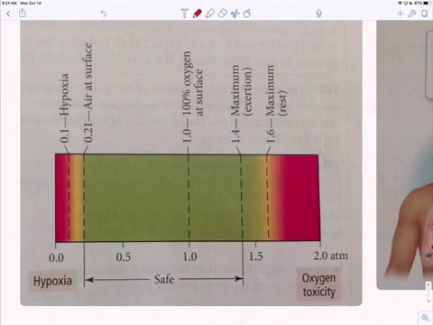So it's the old moderation argument. Too much of a good thing will kill you. We are okay at sea level, so that doesn't bother us. I'm prone to altitude sickness. I can start to feel it as low as 6,000 feet, definitely at 8,000 feet, and at 10,000 feet, I'm a very unhappy camper.